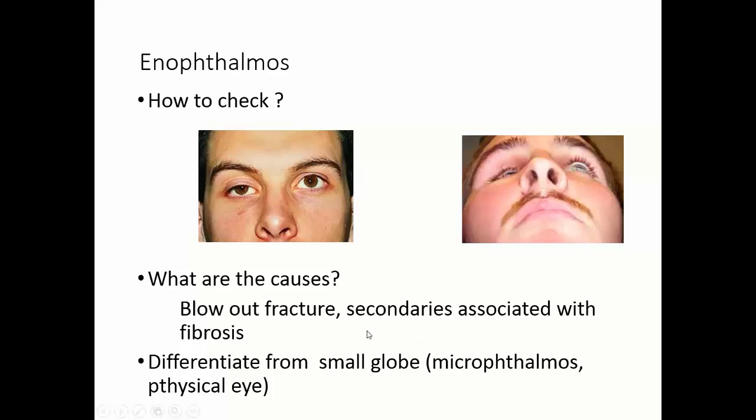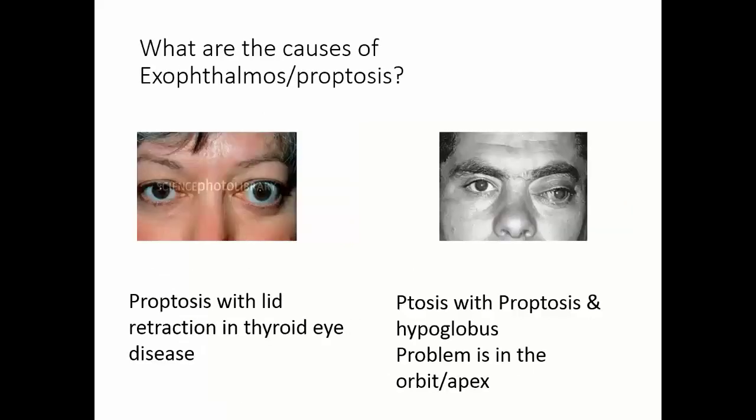If you see enophthalmos, sometimes you may have to exclude other abnormalities like microphthalmos, a naturally small eye which appears further back in the orbit, and also a shrunken eye which we call a phthisical eye. Following trauma or severe inflammation, sometimes the aqueous production is reduced and you get a shrunken globe. That is called a phthisical eye.